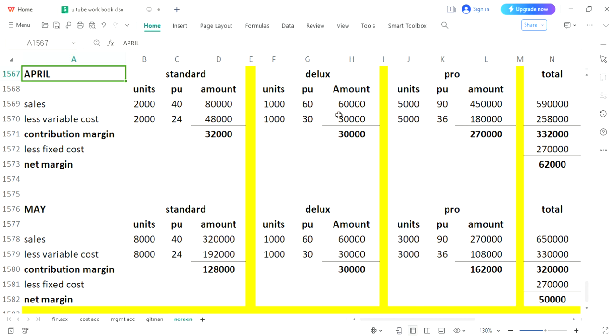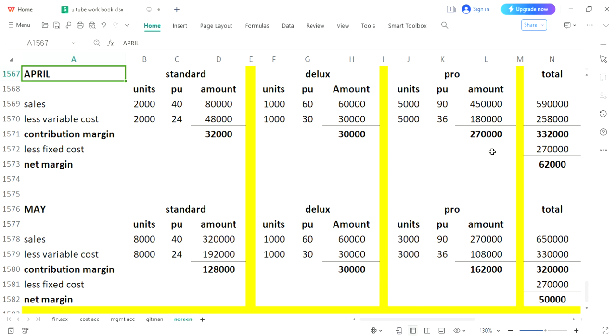So it means there is no role of deluxe in both months. In April, variable cost for pro 1,80,000 and variable cost has decreased for pro to 108,000. Okay, it is encouraging. What does that mean? Our variable cost for pro and deluxe has no concern with the decrease in profit.